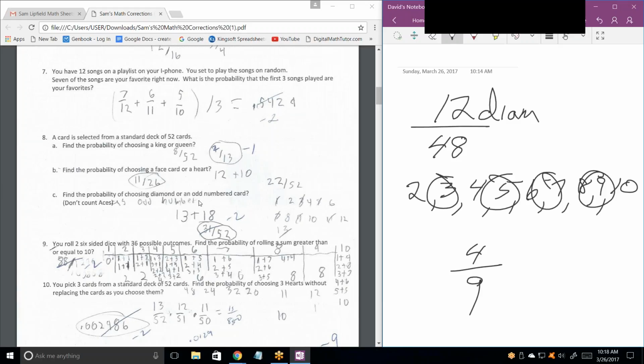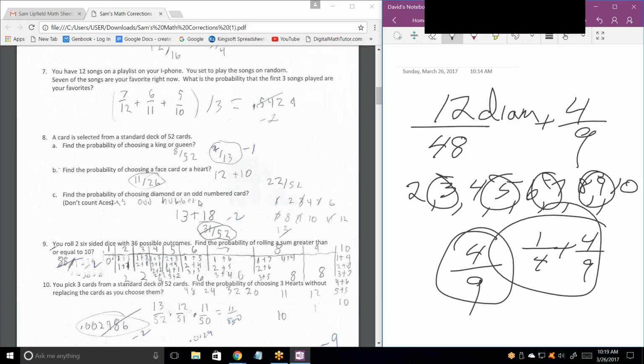We don't know whether they're odd or even. So according to her specifications, there would be a 4/9 chance of choosing an odd card. And now you got 1/4 plus 4/9. And you can add those 2 fractions to come up with a number.